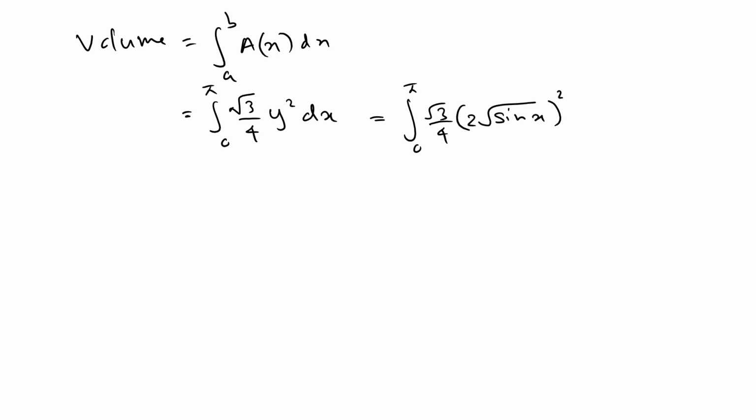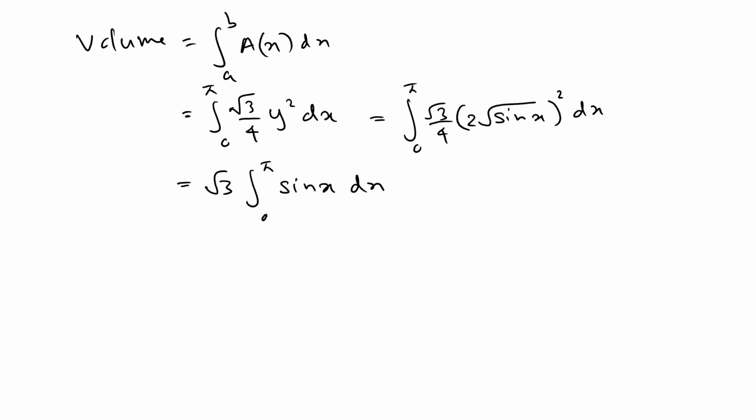That's given, because y equals square root of sine x. Now we can simplify this, and if you simplify, you can see 2 squared and 4 get cancelled, so you simply get square root 3 times the integral from 0 to pi of sine x dx.